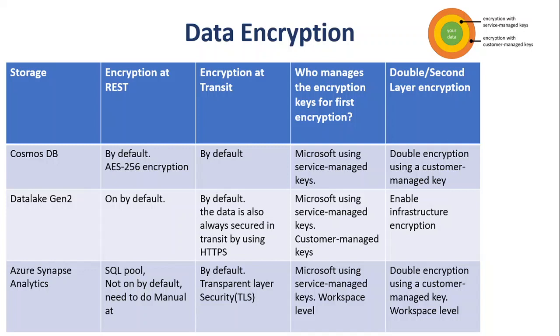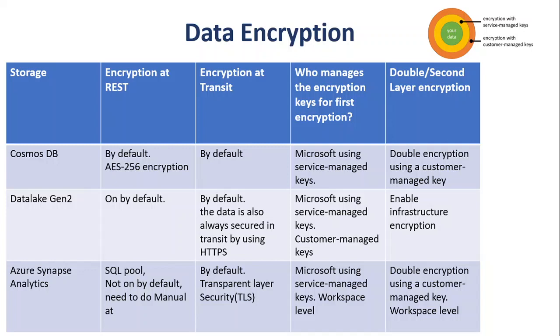The encryption key for the first layer, or the default encryption, is managed by Microsoft using service managed keys. We can't change it to anything else. These are the defaults.